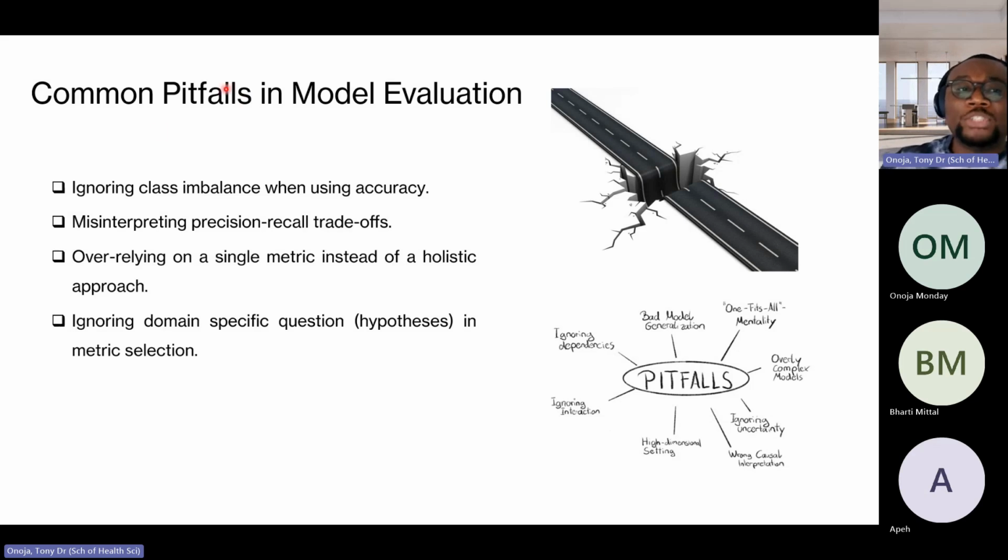So one of the major pitfalls that you would face is ignoring the issues of class imbalance when you are using things like accuracy. Remember, I've talked about this a lot because it's something that I've seen over time. Most of the time when I'm working on multi-class problems, even binary class problems, one of the issues I struggle to take care of is imbalanced classes.